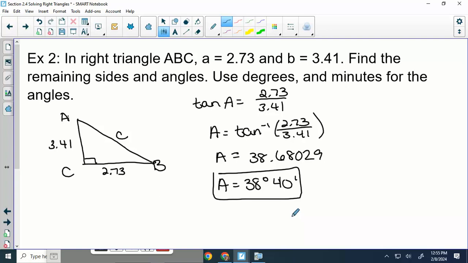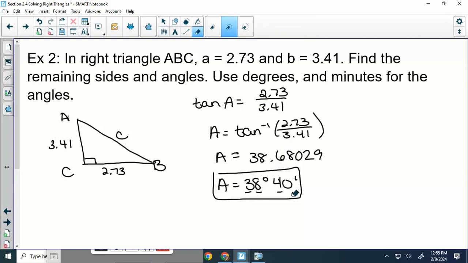So A is 38. Will we only use the significant figures like that for the sides? Well, we rounded this to 3 because we have the 3 and the 4 counts as 1. But we couldn't call it 41 because that would be more significant digits than we were given.